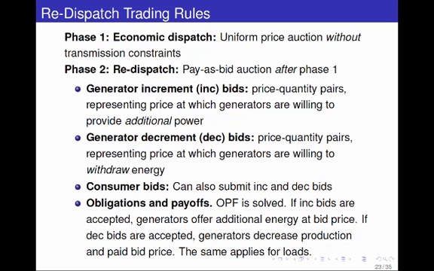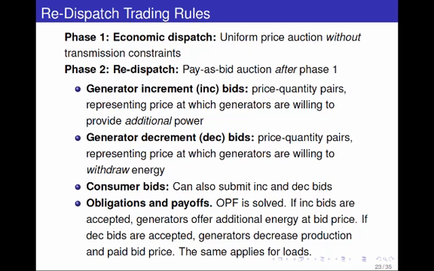So in this example, what would happen if the first auction had a market clearing price of $35? And in the second round, I awarded you 5 megawatts deck.